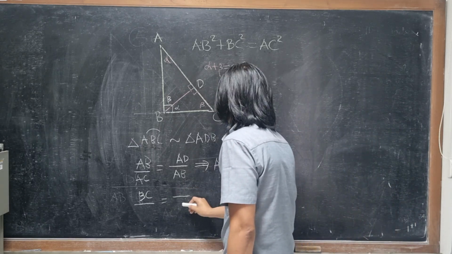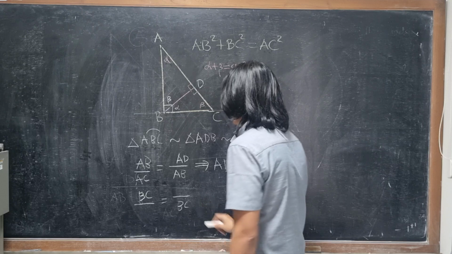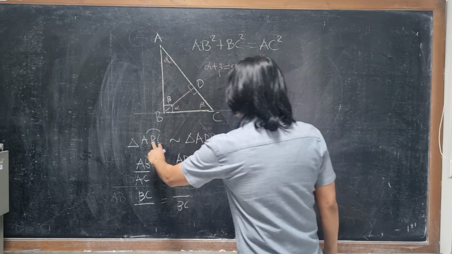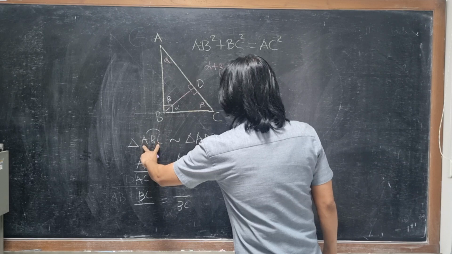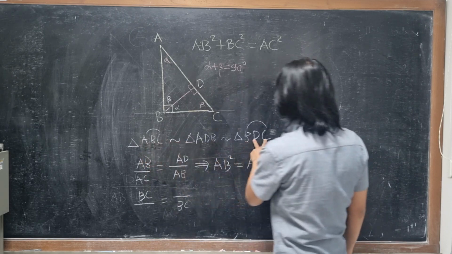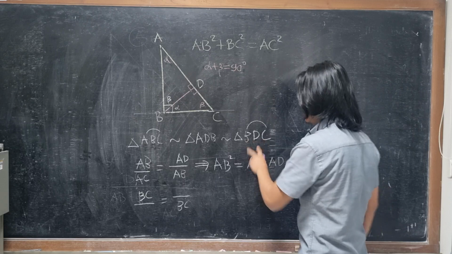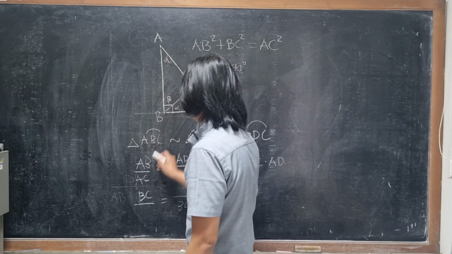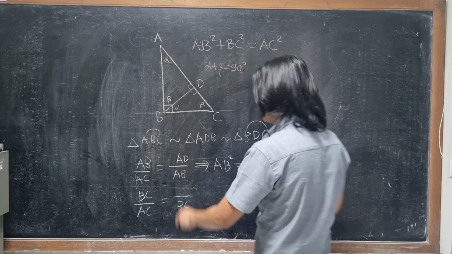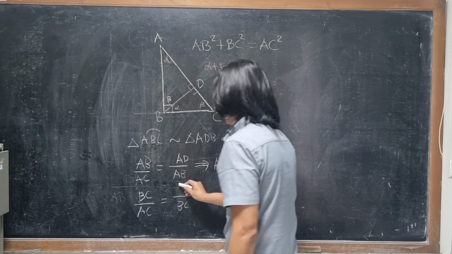So we need to compare this with this one. So BC over AC will be the same as DC over BC.